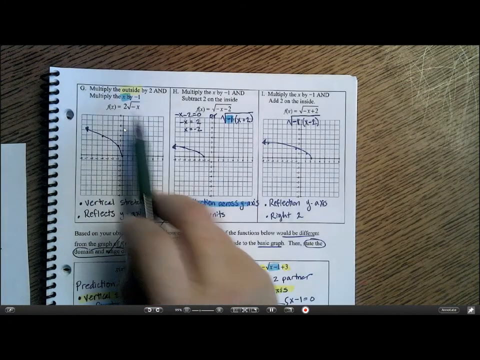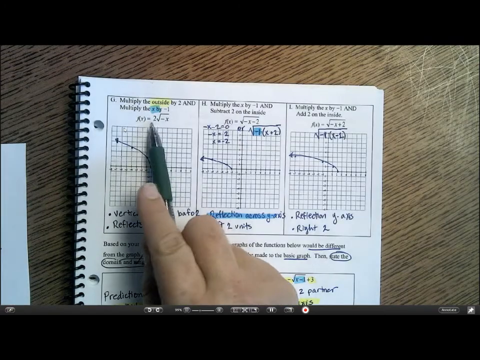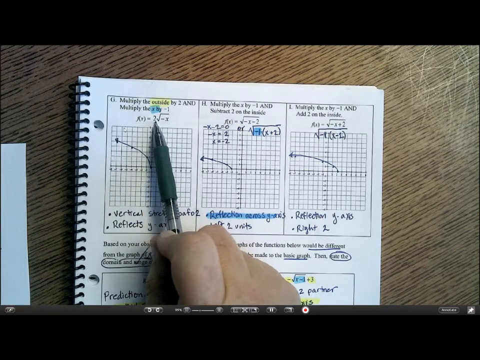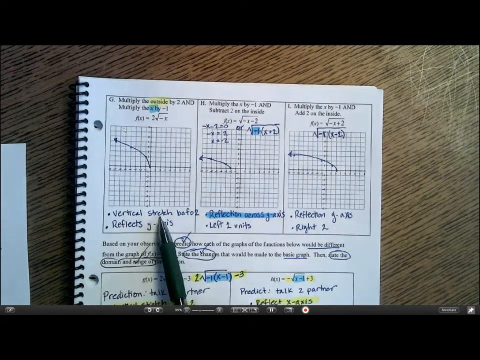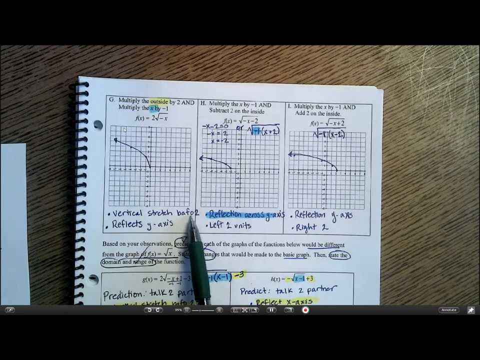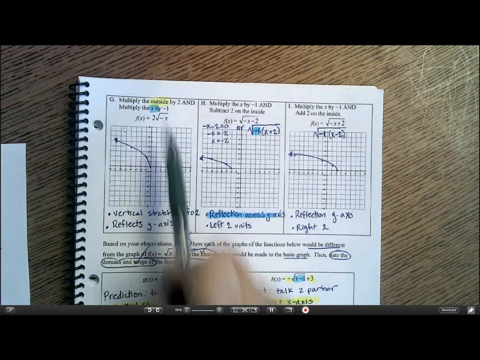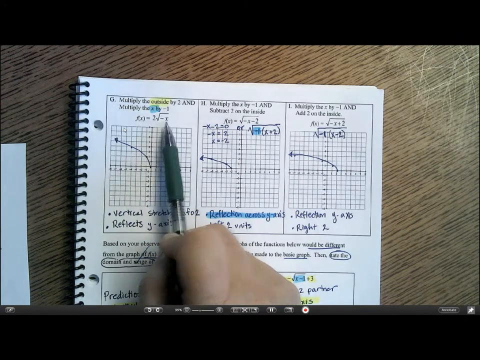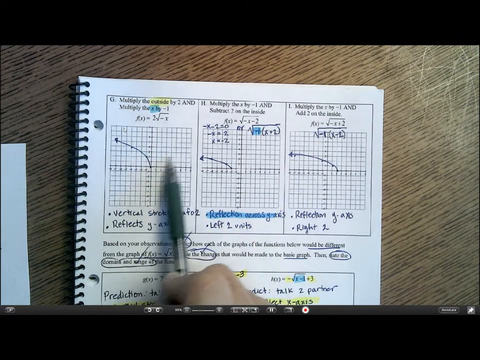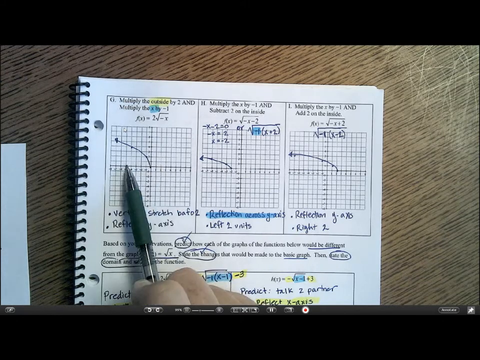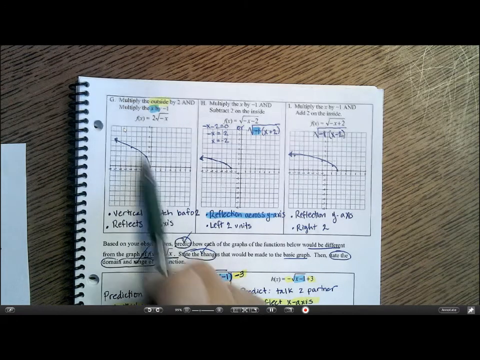So let's analyze what this is saying. We've got the 2 on the outside, which is a vertical stretch by a factor of 2. And then this negative, so the x's are now negative. Originally when the x's were on this side, the opposite x's are now on this side, which is why it looks like this.